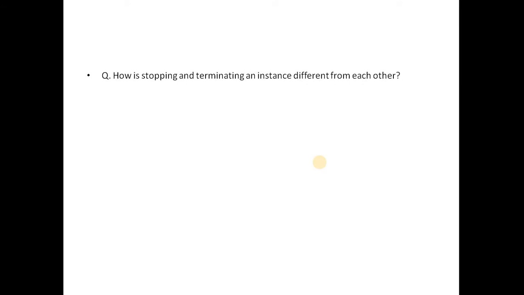Whatever EBS volumes are attached to that instance will still be alive, and your instance is with you. Whenever you want to start the instance, you can start it along with the EBS volumes attached to it. Whenever you want, you can restart the instance along with the previous volumes.